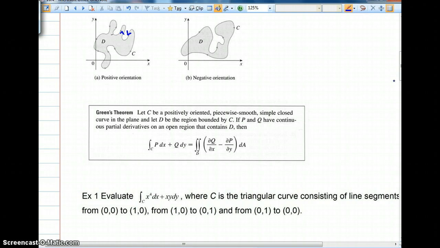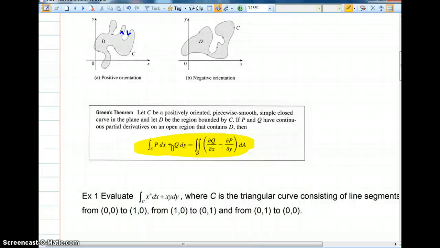But what does Green's theorem say? Let C be a positively oriented, piecewise smooth, simple closed curve in the plane, and let D be the region bounded by C. If P and Q have continuous partial derivatives on an open region that contains D, then the line integral of P dx plus Q dy is equal to the double integral that we studied last chapter, over the region D enclosed by that curve, of the partial derivative of Q with respect to x minus the partial derivative of P with respect to y.